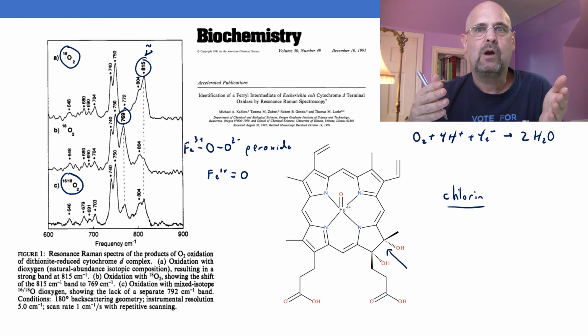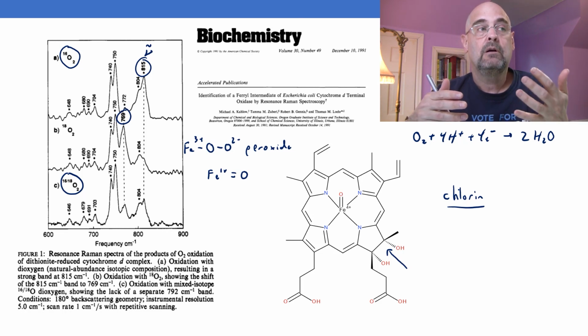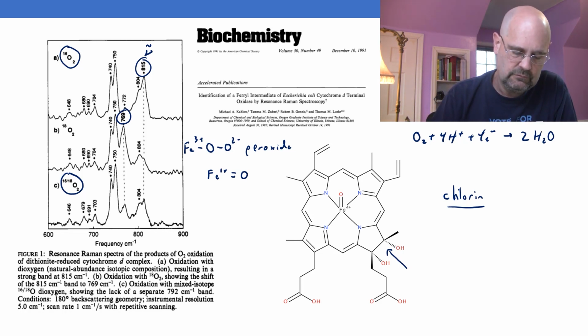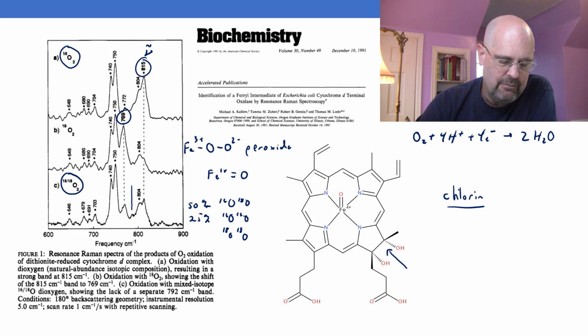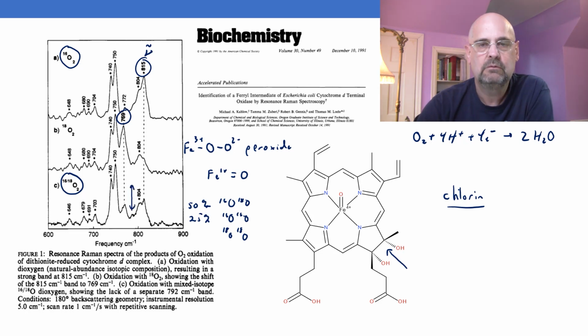So the mixture is going to be 50% 16, 18, and then 25% each, 16O, 16O, and 18O, 18O. If it were peroxide, we would then see a band in the middle, right here.